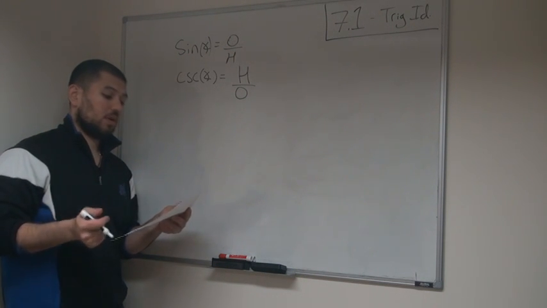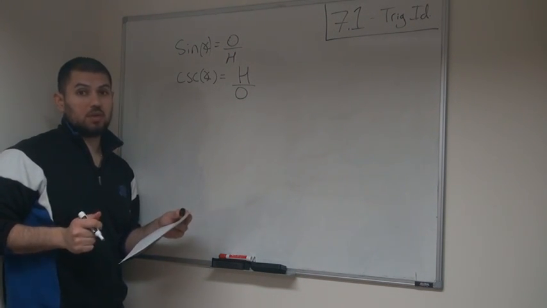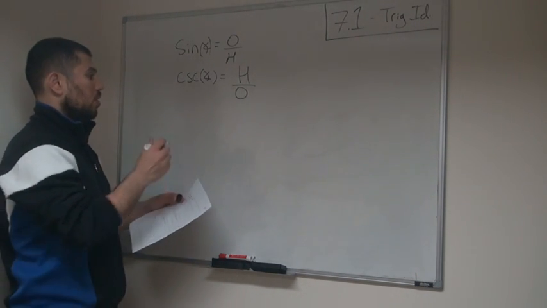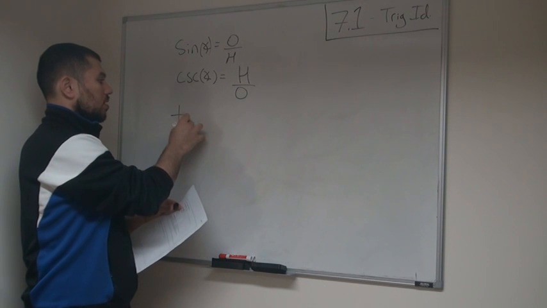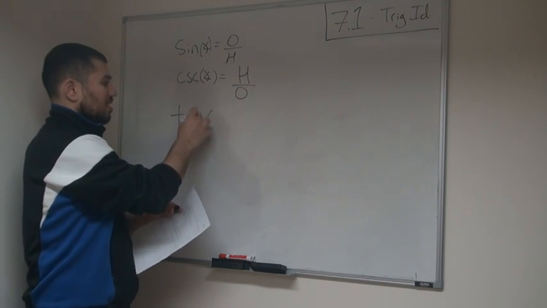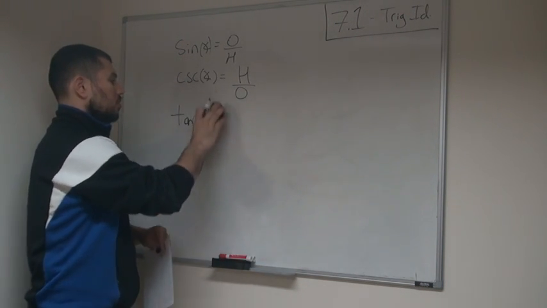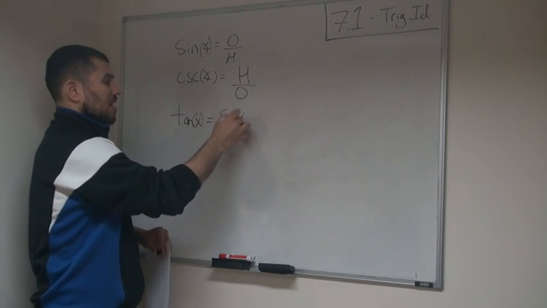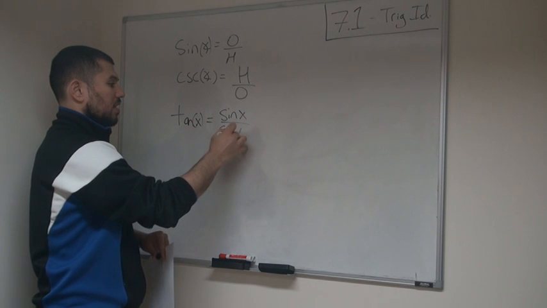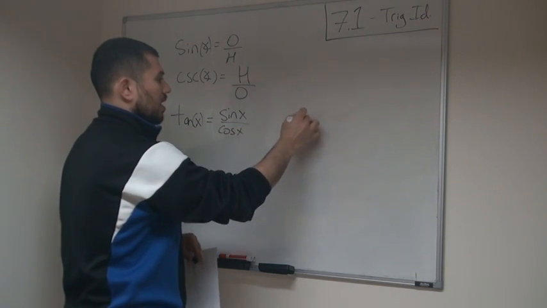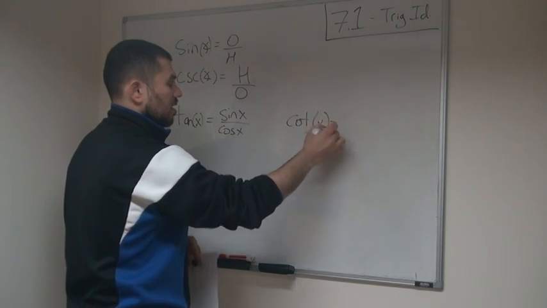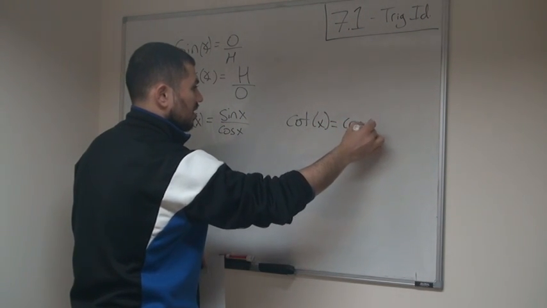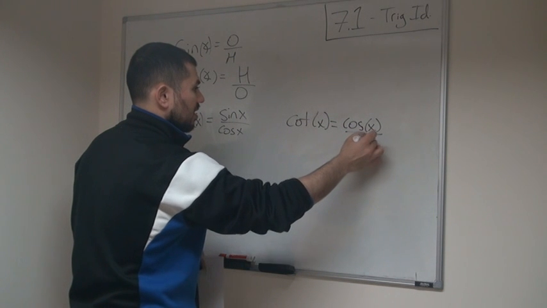Cosine and secant work similarly, tan and cotan work similarly. Now, we also know through our unit circle that tan of x is equal to, and I used this when we were doing the trig graphing, sine of x over the cosine of x, and cotan of x is equal to cosine of x over the sine of x.